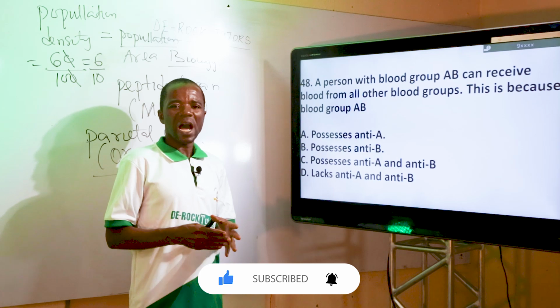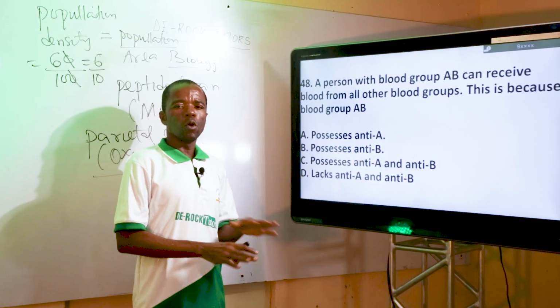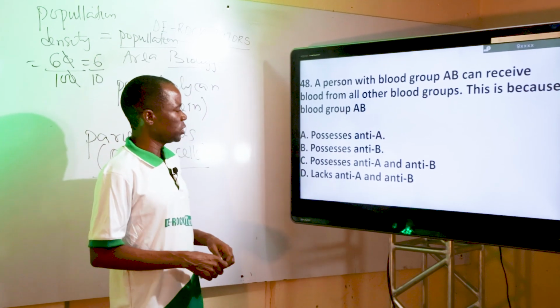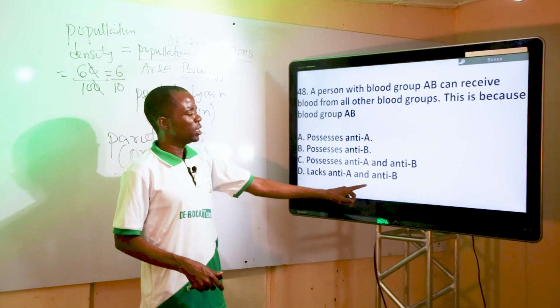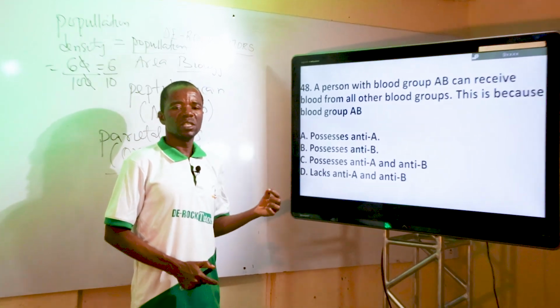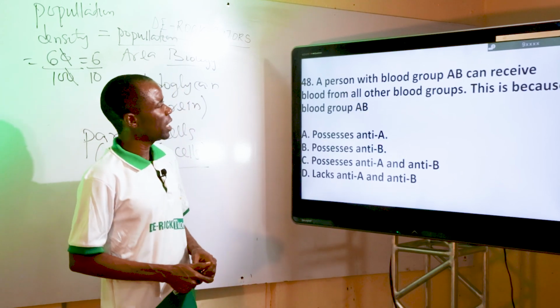Blood group O has both antibody A and antibody B. On the other hand, blood group O does not have any antigen. So the correct answer for number 48 once again is option D. Blood group AB lacks antibody A and antibody B. As a result, it can receive blood from all other blood groups. Let's go to number 49.